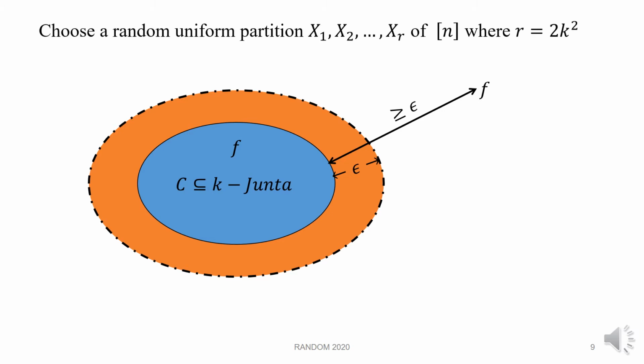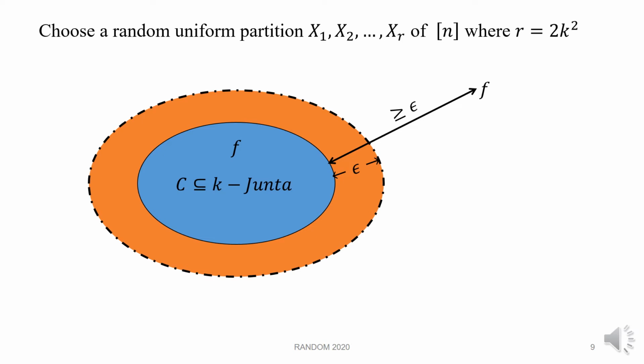At the first stage, the tester uniformly at random chooses a partition of the coordinates into r = 2k² pairwise disjoint sets x1 up to xr. Now, why 2k²?